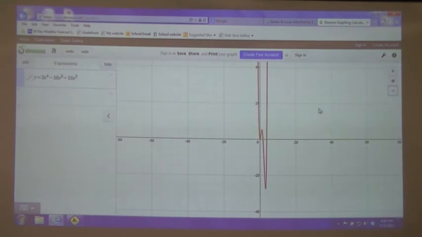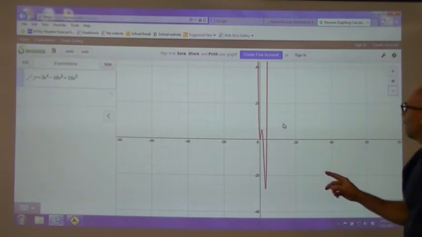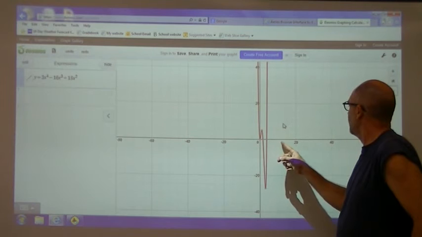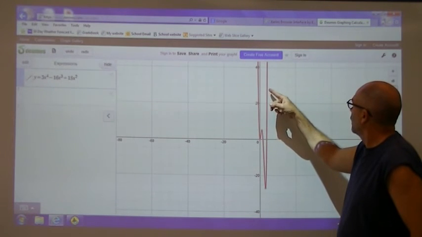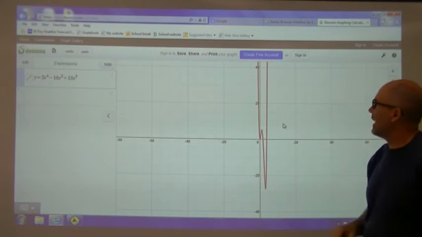Okay, so there's our function now. And we can see that at x equals negative 1, we're going to have 37. And at x equals 4, we're going to have, let's see, 10, 15, 20. So at x equals 4, it won't quite be that high.